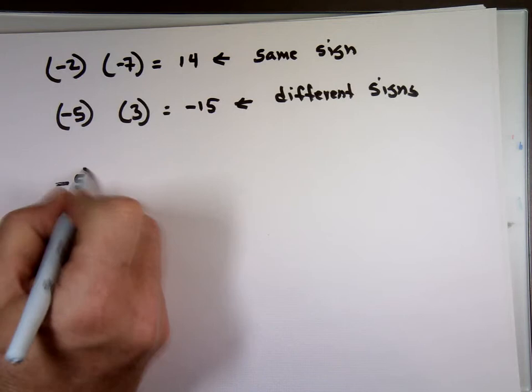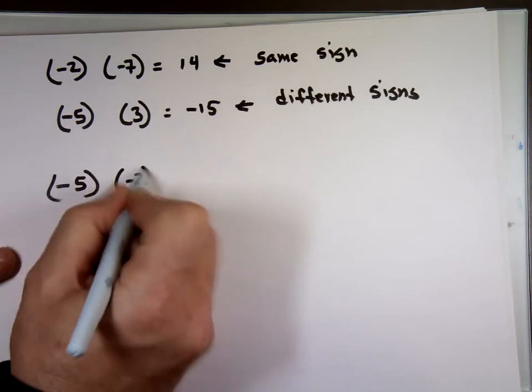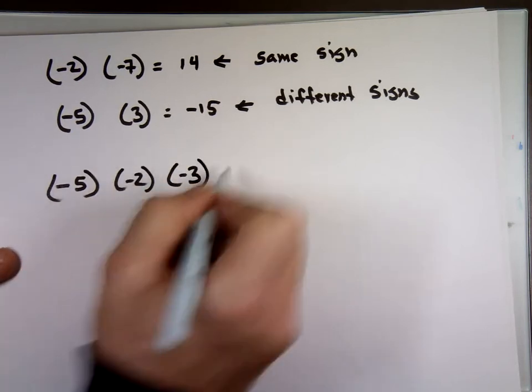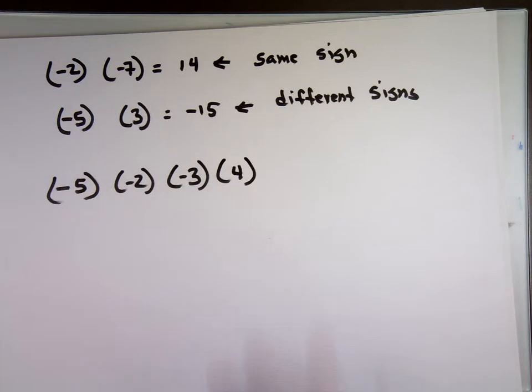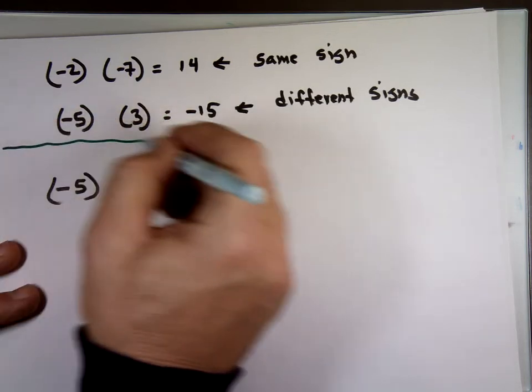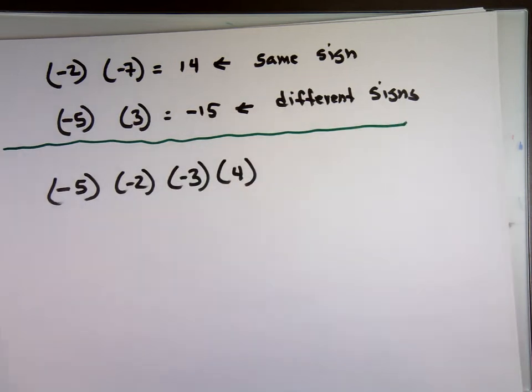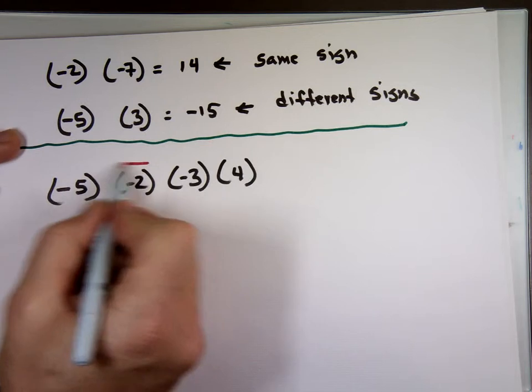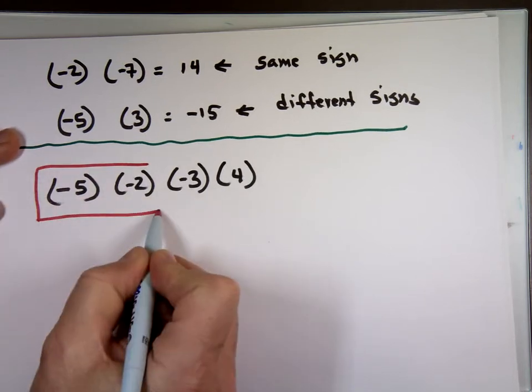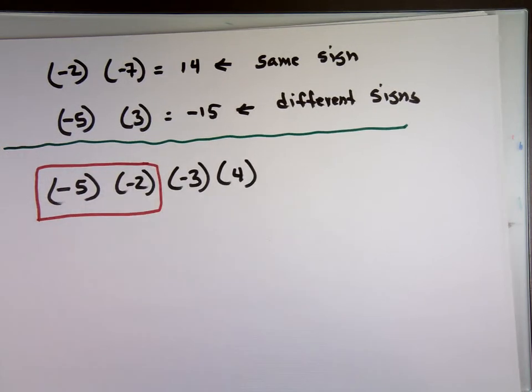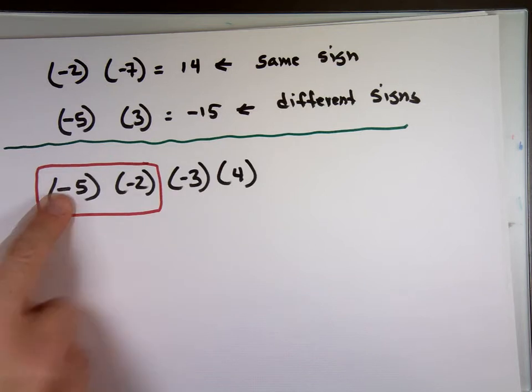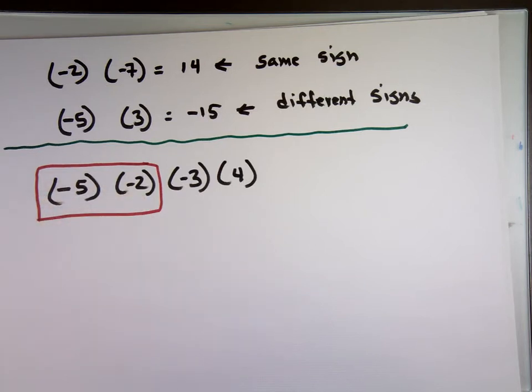Minus 5 times minus 2 times minus 3 times 4. Now that's more than two numbers. We didn't discuss more than two numbers. So what do you think we're going to do? Since we didn't discuss them, we just apply the rule for two numbers. Let's go left to right, order of operations, and multiply these two numbers. A negative times a negative is what? Positive 10.